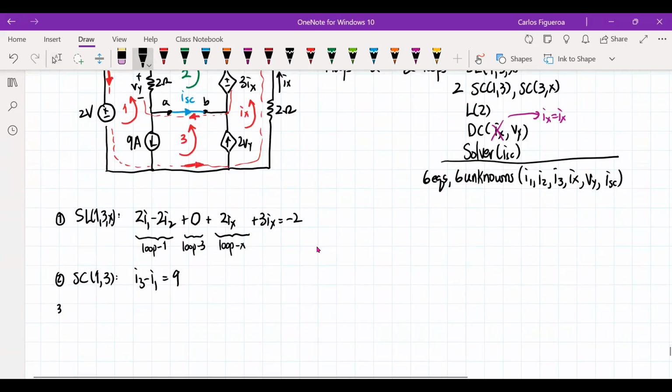Then if I look at the next super condition, this is between 3 and x. You can see that the 3 is in the same direction of Vy. So it should be I3 minus Ix. And then I'm going to bring this to the other side here. So this should read I3 minus Ix minus 2 Vy equals 0. Then I need loop 2.